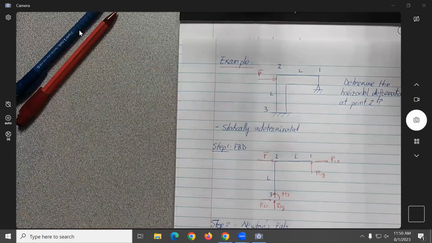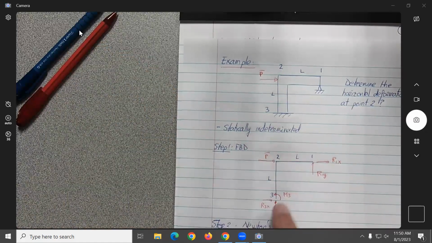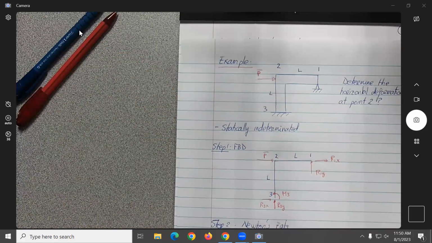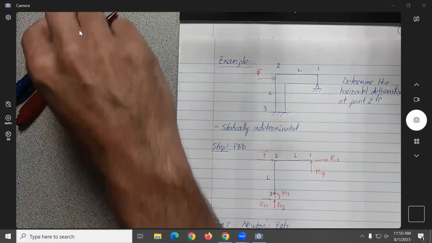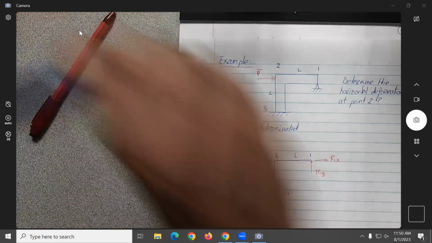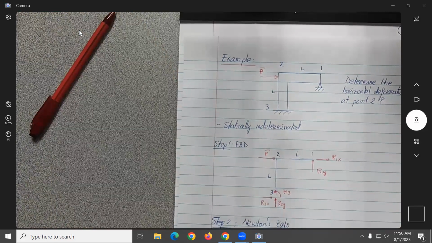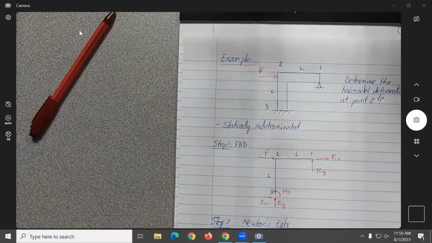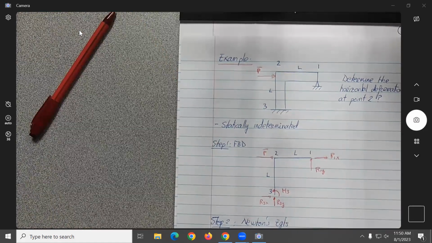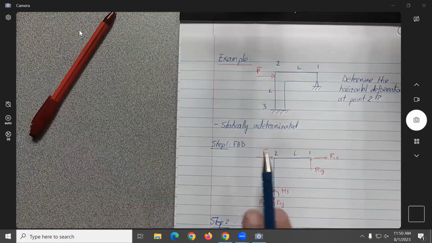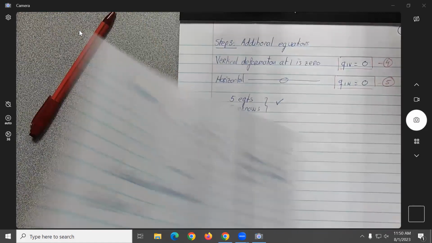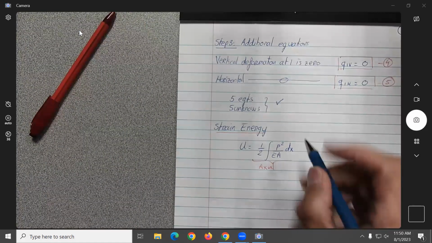Now, if we look at the beam 2, 3, that one will be subjected to what? What type of motion will 2, 3 have? That's it. Bending, no? Correct? Yeah, it will bend due to the force. So that means now that we also need to consider what type of energy?